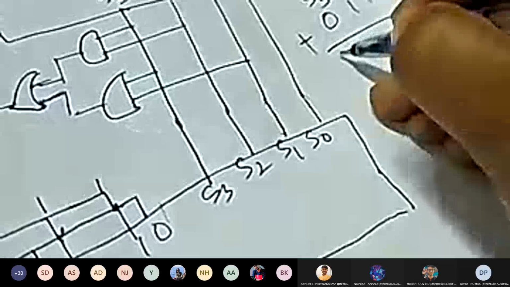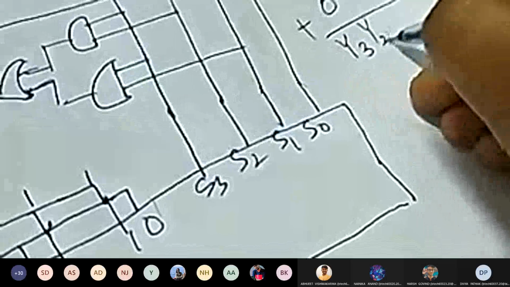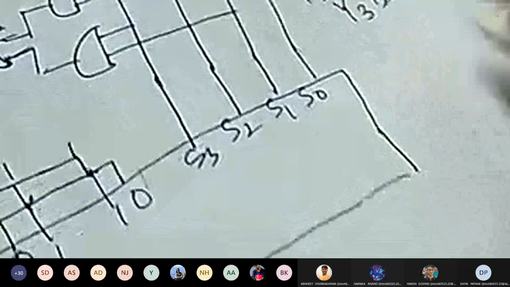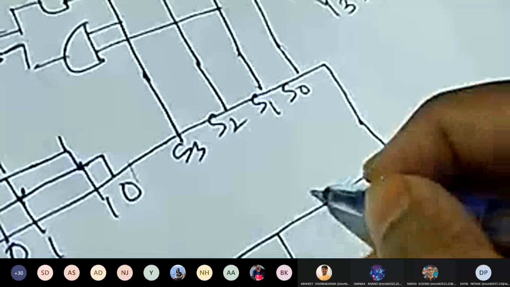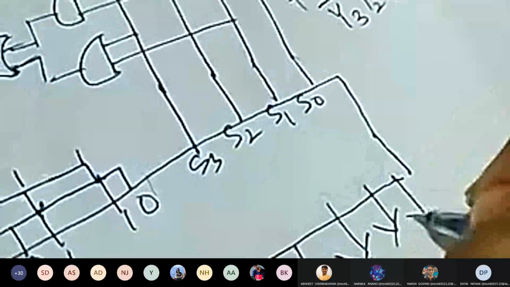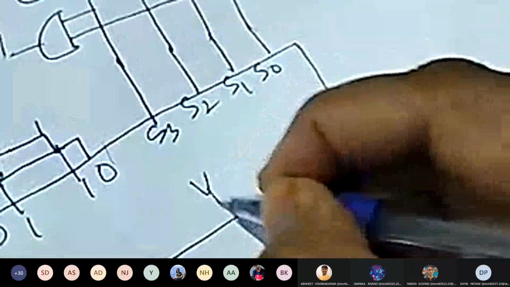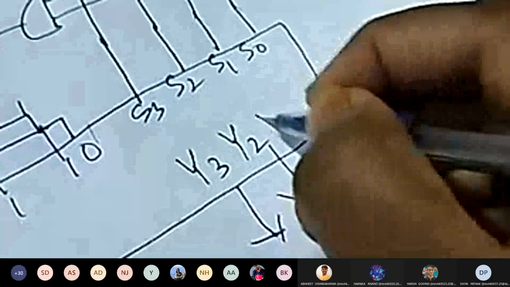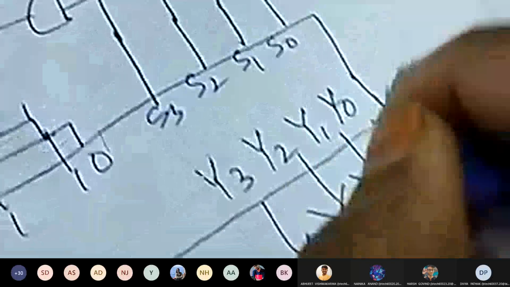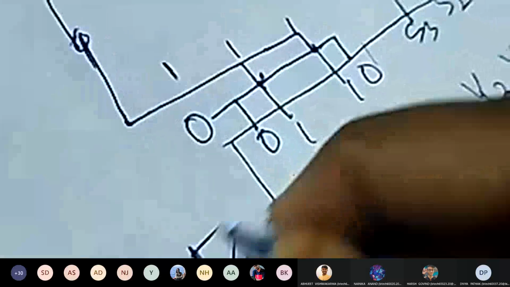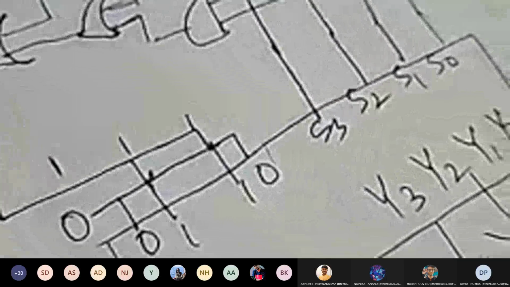So you will get one more value, that is Y3, Y2, Y1, Y0. This is your final output. And somewhere you will have the carry output that we will discard. And here your C in again equals 0, that means we will ground it.